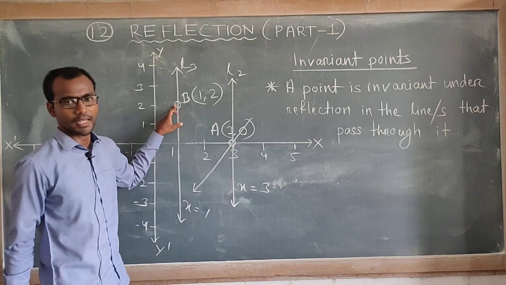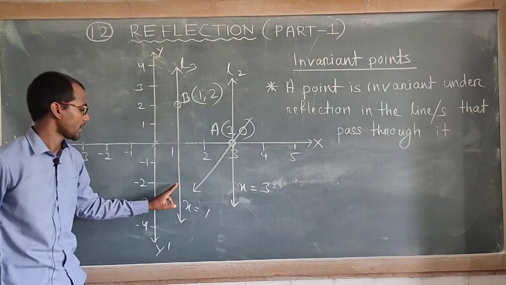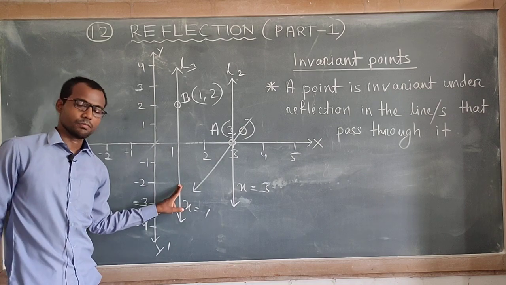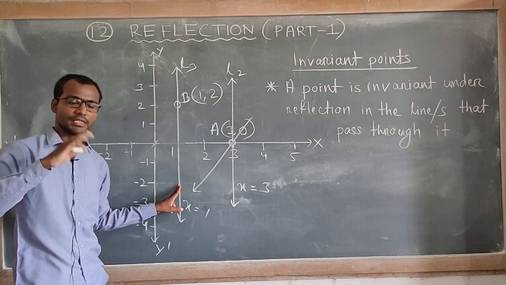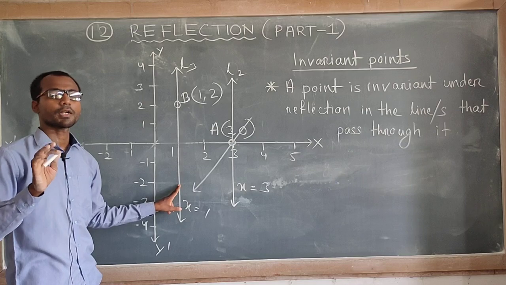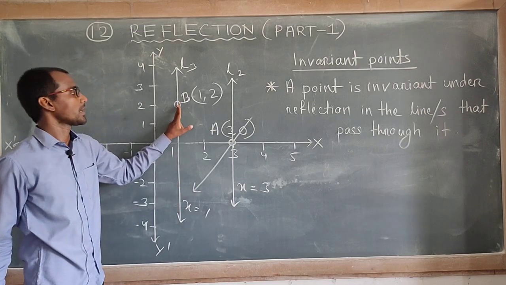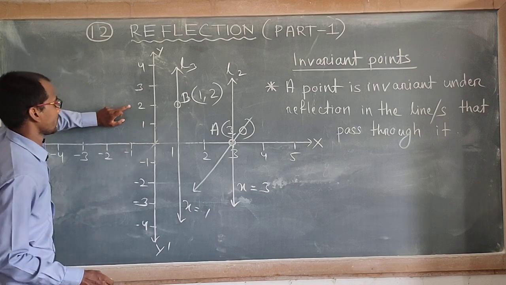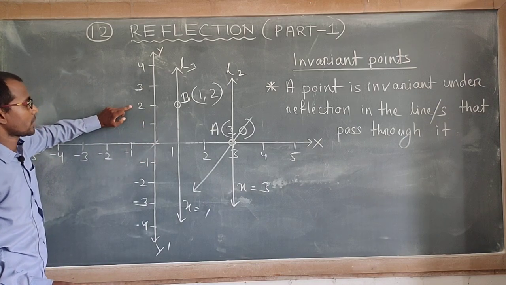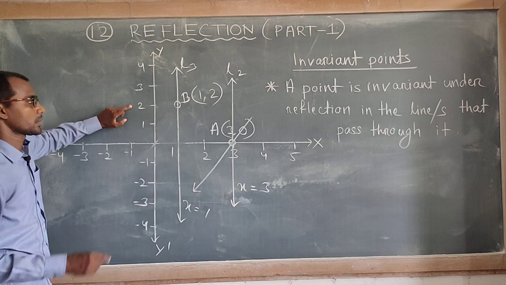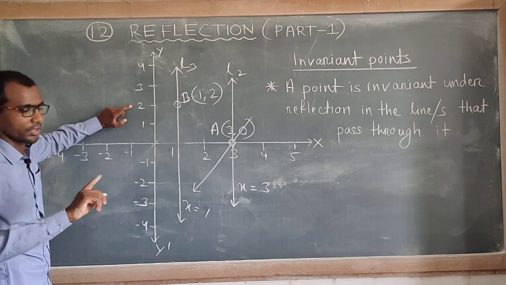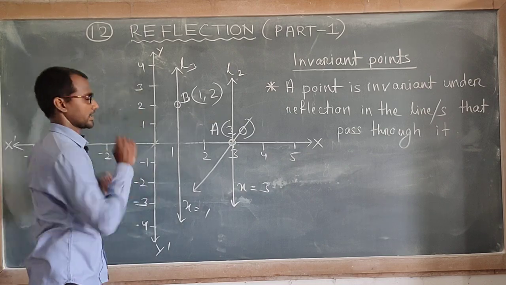If it is reflected in the x-axis, its image will be formed here, (1, -2). This means the image is changing, a change in position. It is not invariant under reflection in the x-axis. If you reflect this point B in the y-axis, its image will be formed here, with coordinates (-1, 2). Again it is changing its position, so it is not invariant under reflection in the y-axis.